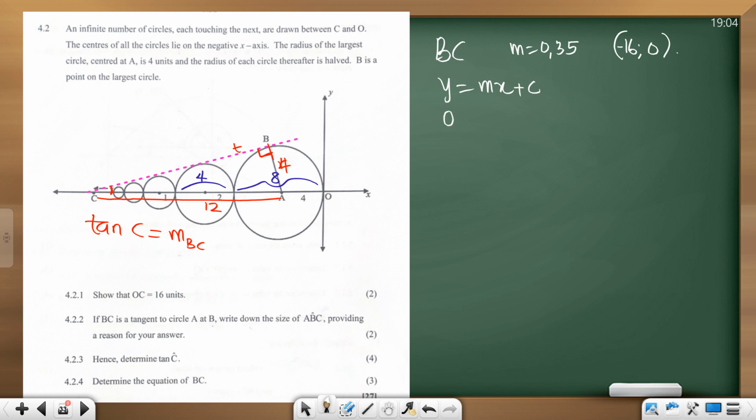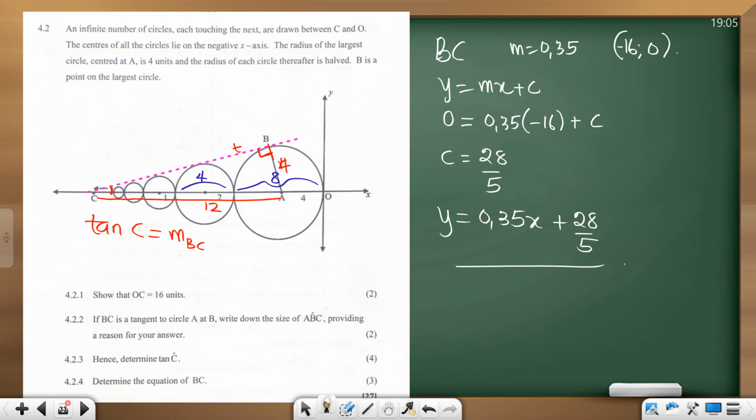We want the equation of BC, so 0 equals 0.35 times negative 16 plus C. Somebody should be done with that answer. 28 over 5. All right. So what's our equation, therefore? Y equals 0.35x plus 28 over 5. Done. Did it make sense, guys?